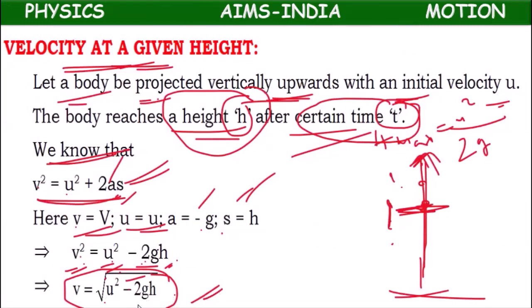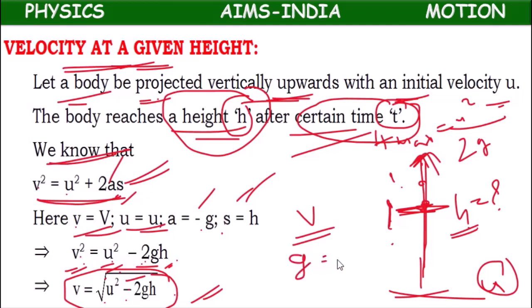If we want to find velocity at a certain height, we need to know that height, at what height we need the velocity. Along with that, we need the velocity with which we are throwing it up. The g value is constant, 9.8 or 10. If you know these three values, we can find the velocity at a certain height.